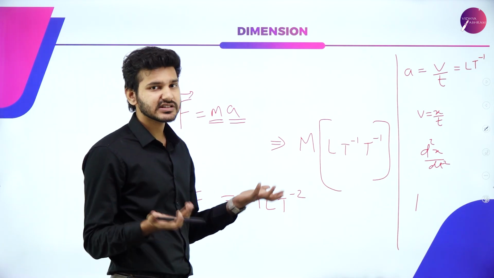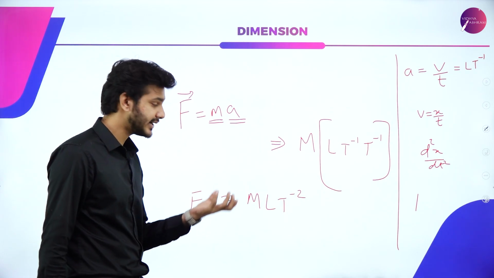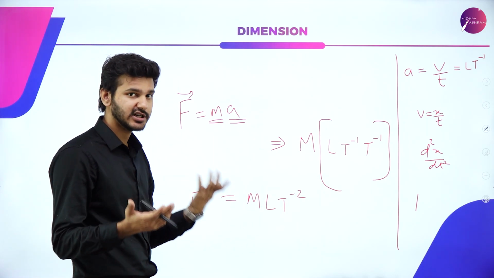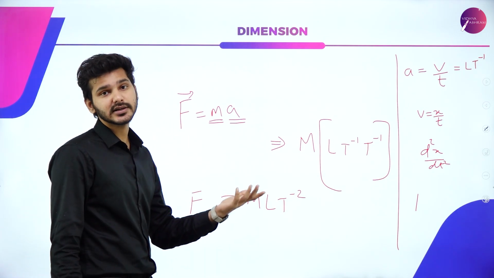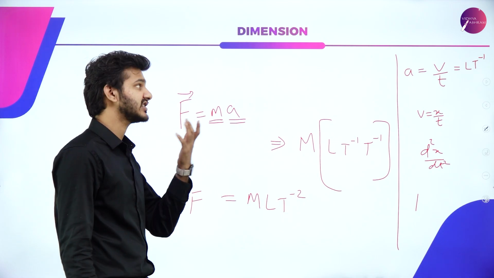Now most of the equations you will see will be denoted in terms of mass, length and time. So it is okay, but there will be some equations which will also pose other basic fundamental quantities such as ampere.